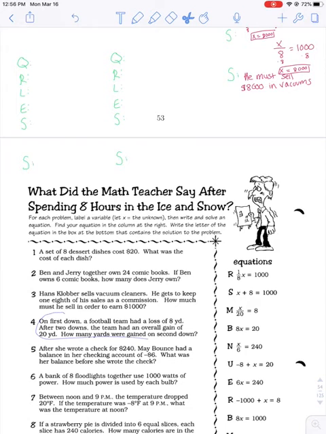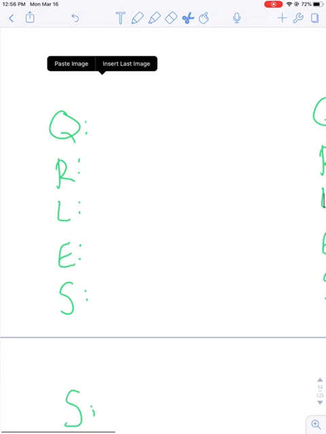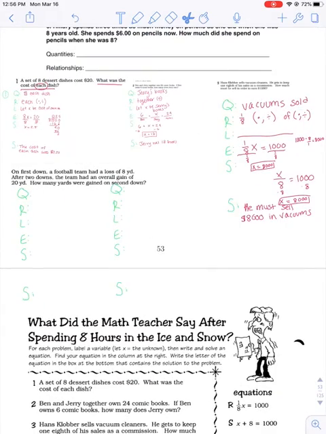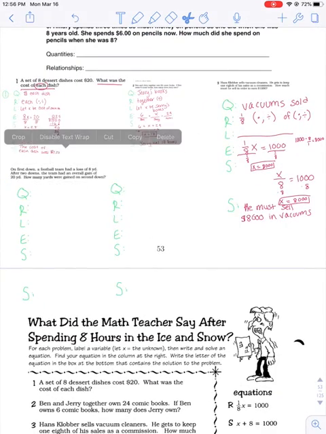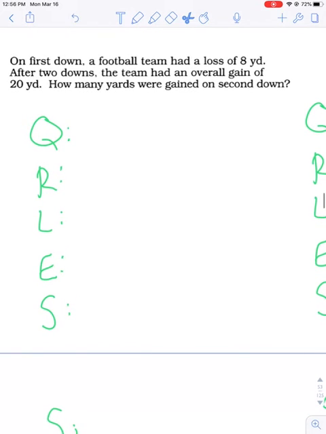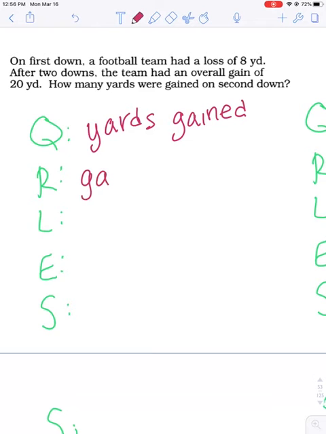All right, number 4. So quantity would be yards gained. Relationship would be gain. That could be addition or subtraction.